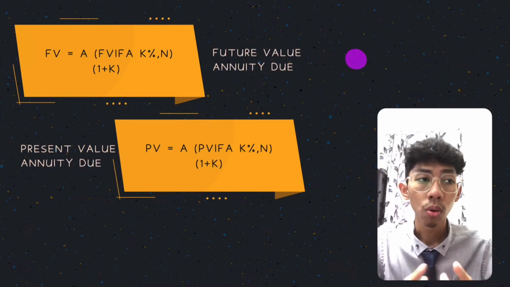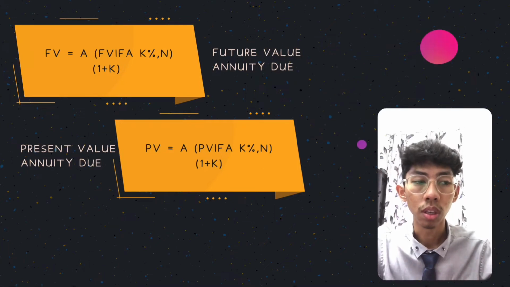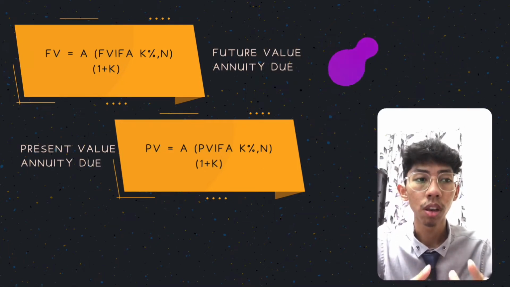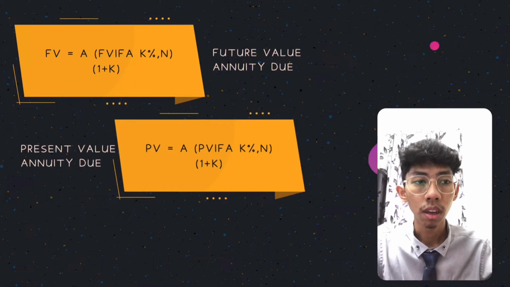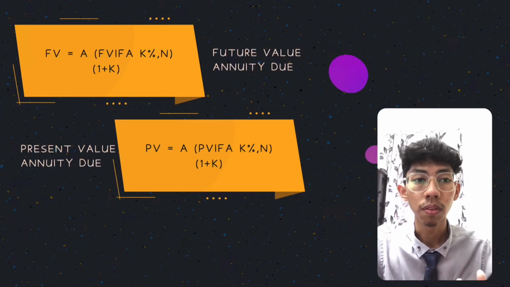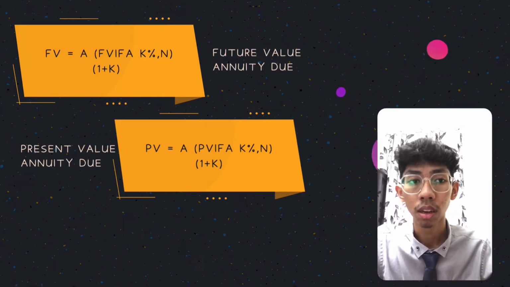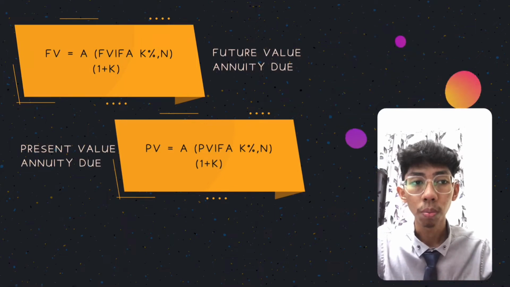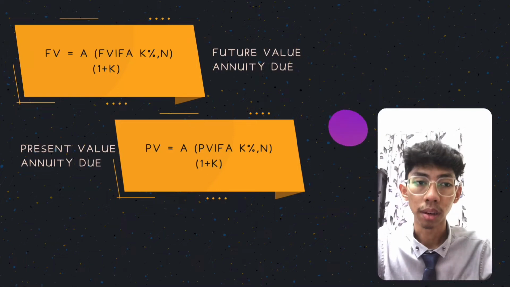And to calculate present value annuity due, PV, present value, equals A, open bracket PVIFA, present value interest factor for an annuity, multiplied by K, which is interest rate, divided by number of periods N, close bracket, and open bracket 1 plus K, close bracket.